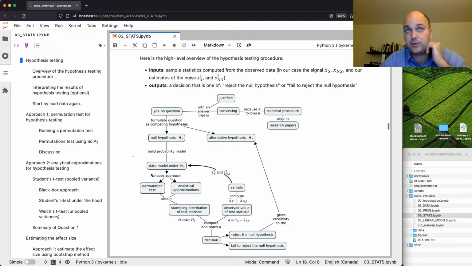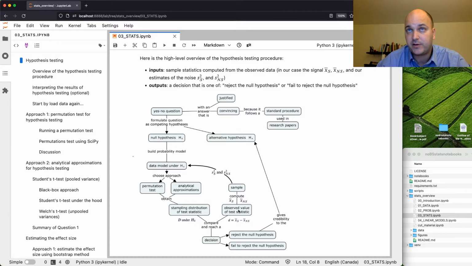Then under the null model, there are two ways, which we'll talk about in a second, to obtain the sampling distribution for the difference between group means. What kind of differences between group means are we likely to observe under the null hypothesis? So we'll get a distribution for that.